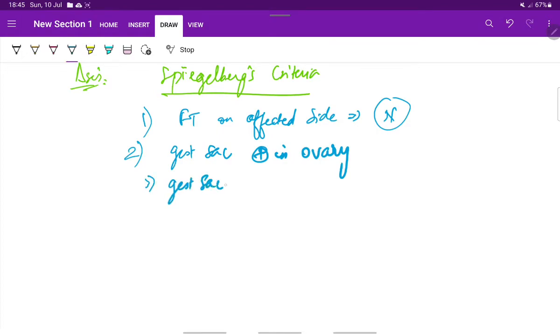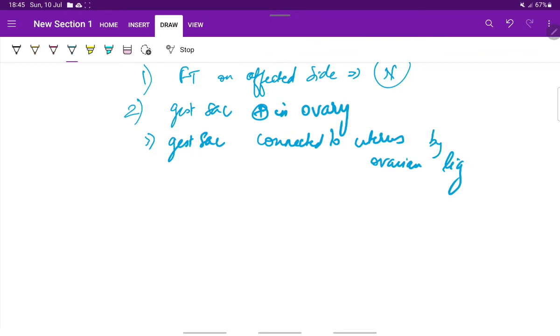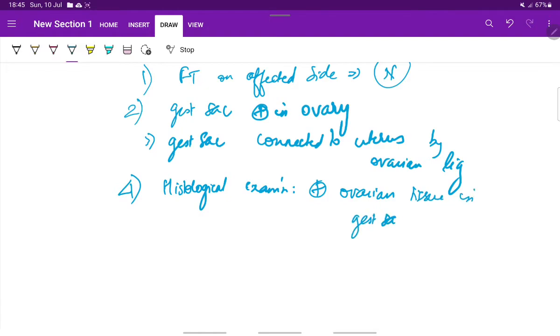Then the gestational sac should be connected to the uterus by the ovarian ligament, and on histological examination it should reveal the presence of definite ovarian tissue in the wall of gestational sac.